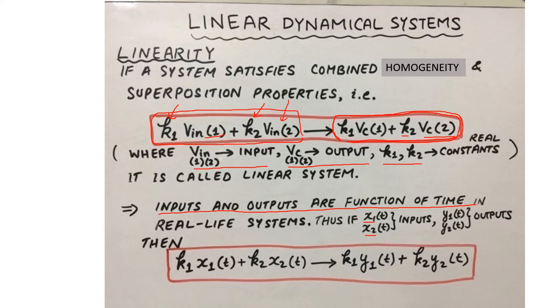Then the corresponding outputs would be, say, y1 of t and y2 of t, and we can rewrite the above condition in the form of the weighted sum of the inputs x1 and x2, giving us an output in the form of the weighted sum of the outputs y1 and y2.